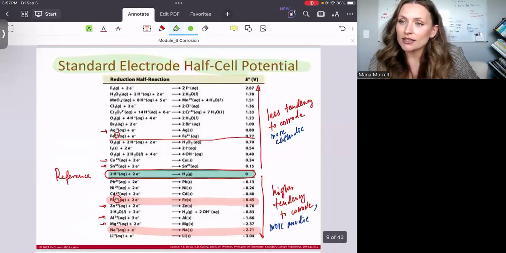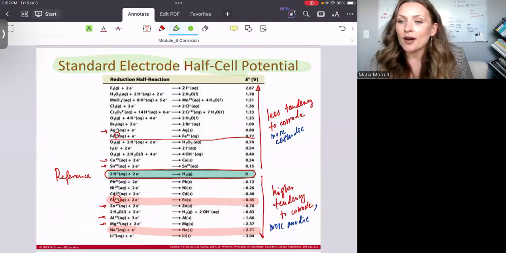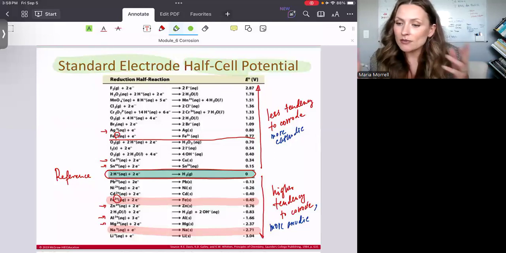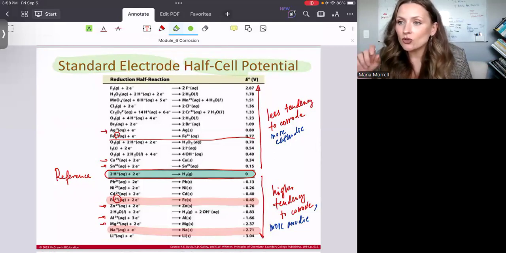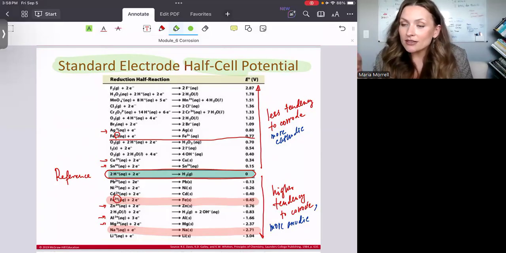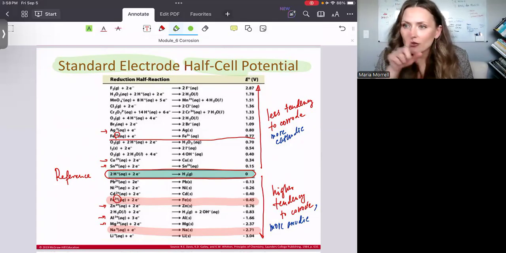Because in here, now that we know that every metal has a different tendency to corrode, whenever you connect metals, and you would be surprised how often you have to do it. If you own a boat, right? Let's say a boat is made out of aluminum, and all of a sudden you need to put some rivets in, right? That's a metal touching another metal. If you go into your bathroom, you'll see a lot of connections, right?